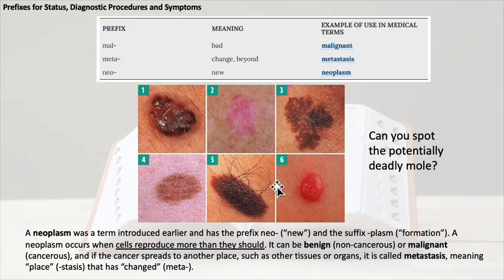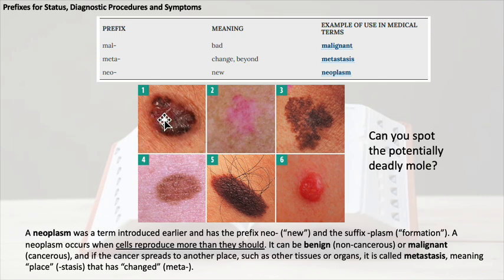And here are some various images of moles, and can you spot the potentially deadly mole? You'll recall that we talked about the various characteristics of a mole that may be concerning or point to a mole that is potentially deadly. We talked about the various trademark signs that a mole is dangerous.